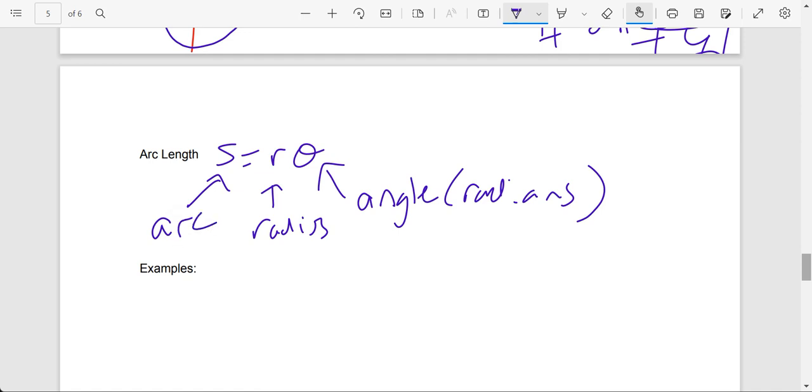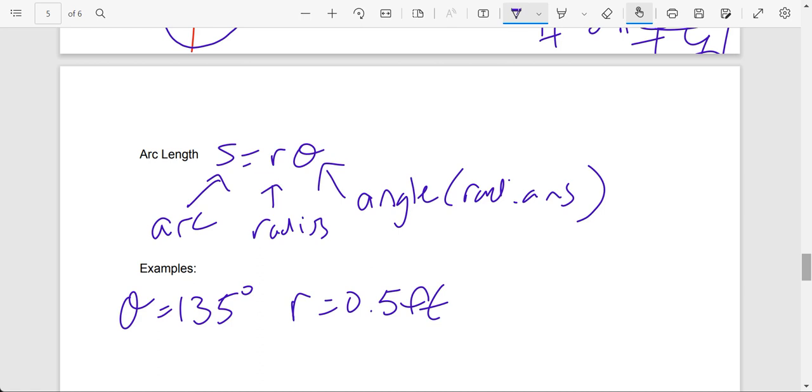Let's do an example. Let's say that I have 135 degrees for your angle, or theta, rather. And we have R is equal to 0.5 feet. Now, find the arc length.